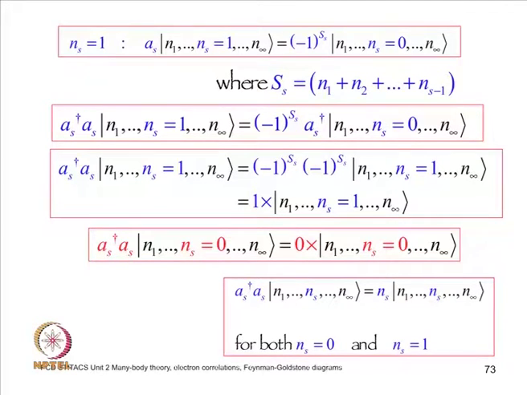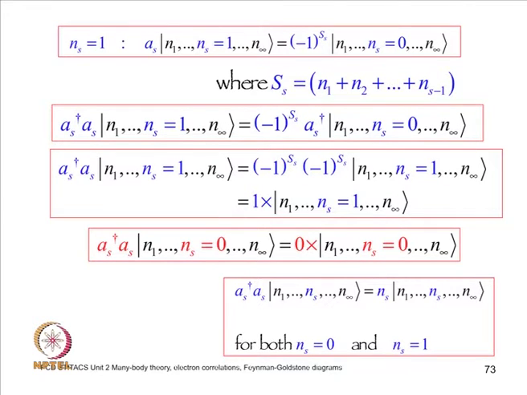So, you get a result in which ns is equal to 0, and on this you will now create As dagger, but once you do that, again you will get a phase of minus 1 to the s. So, minus 1 to the 2s, no matter what it is, will always be plus 1. So, this is the number operator which will leave this occupation number vector invariant with ns equal to 1, right. If it were 0, it would give you 0.